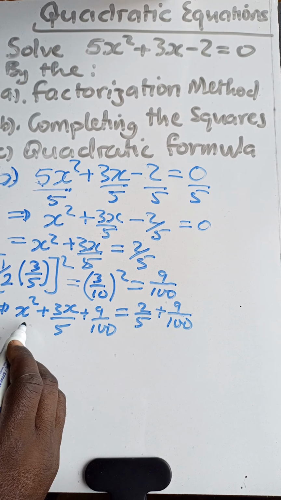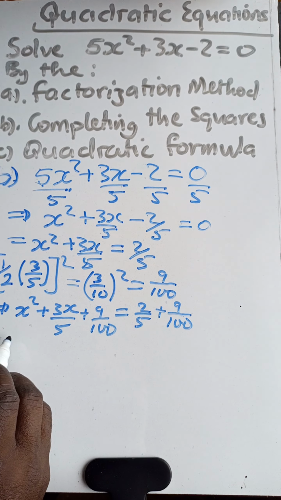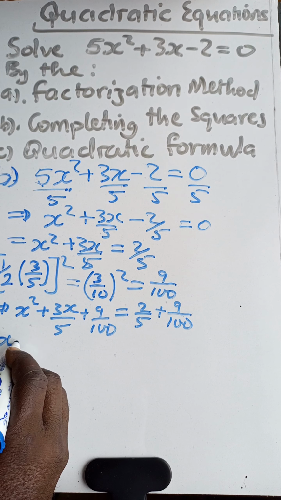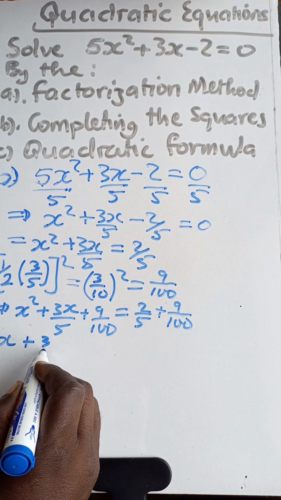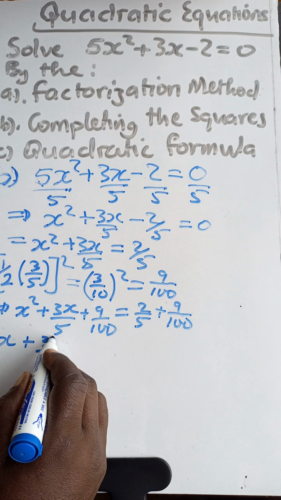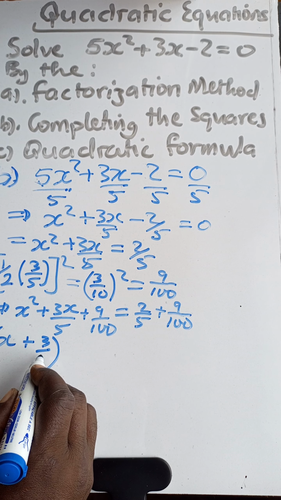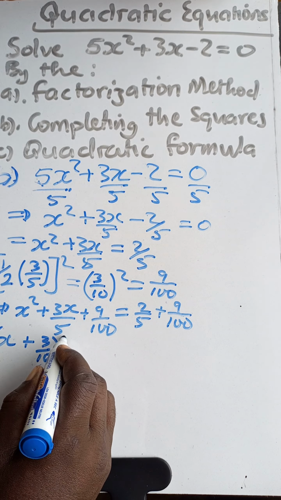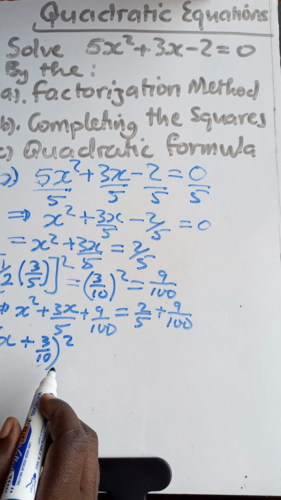Now, if we look carefully, the left-hand side is already a perfect square. It is actually x plus 3 all over 10, all squared.